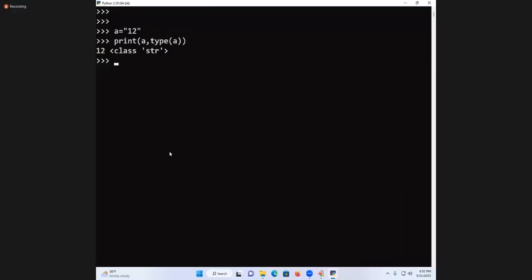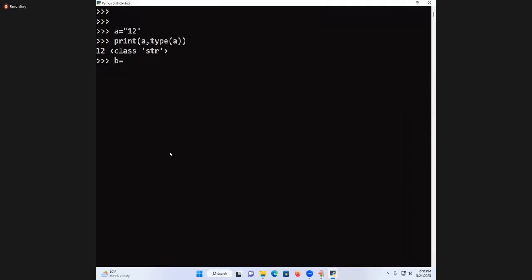Online students, careful guys. A is equal to 12. Print of A comma type of A. It is str. Now I will convert into int type.